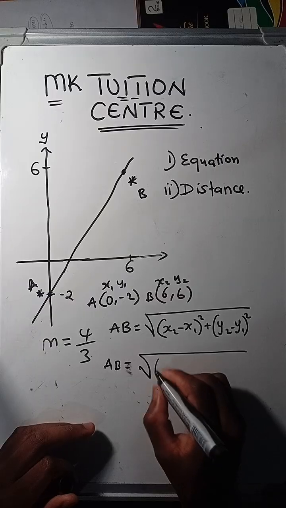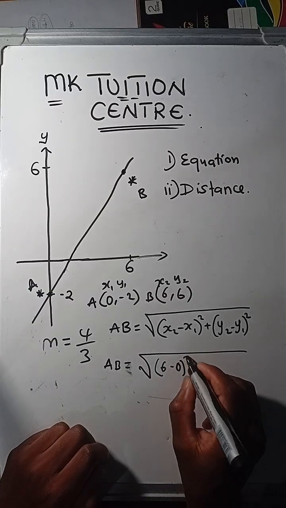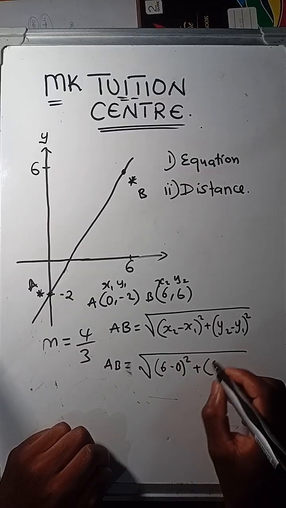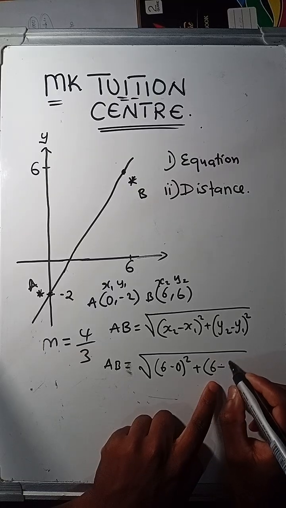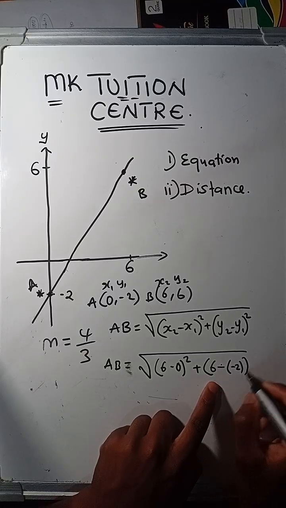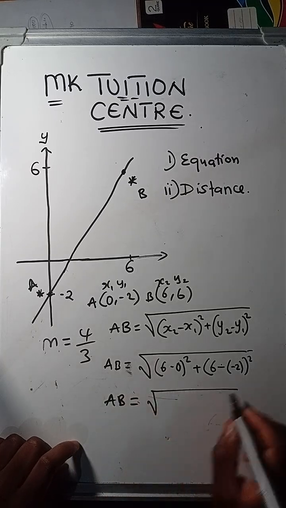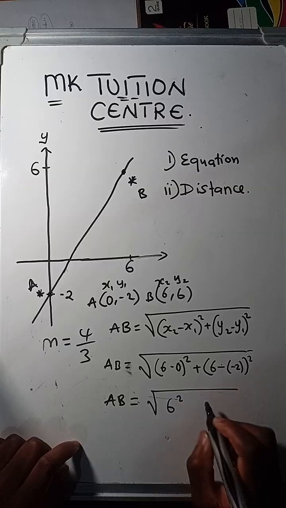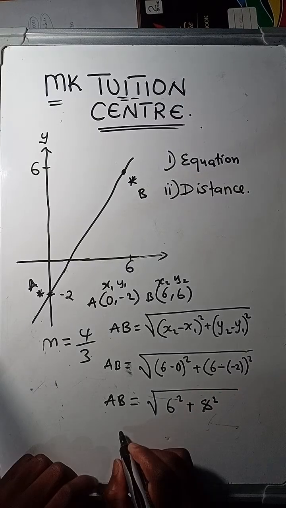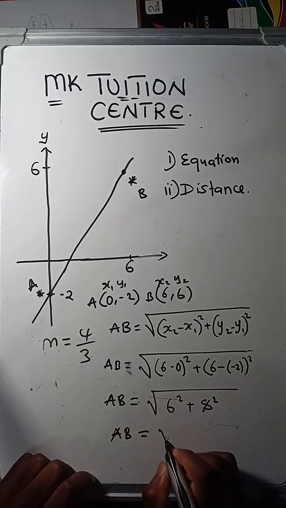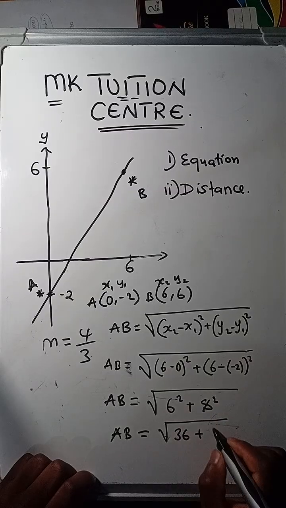So x2 is 6 minus x1, which is 0, squared, plus y2, which is 6, minus y1, which is negative 2, so this one becomes like this. So AB will be equal to the square root of 6 squared plus 8 squared. AB will be equal to the square root of 36 plus 64.